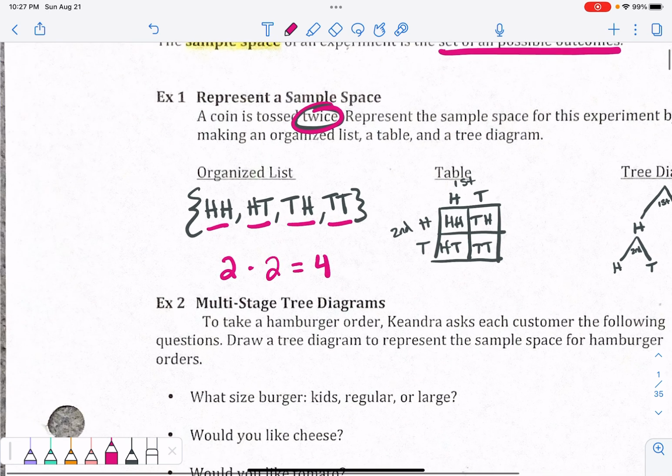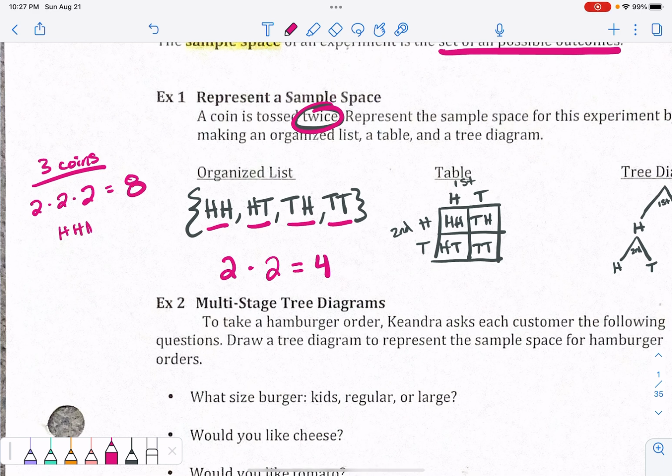Okay, if I was tossing a coin 3 times, I'm giving you lots of extra information. Tossing a coin 3 times would be 2 times 2 times 2, which is actually 8 combinations. So that would be like heads, heads, heads, tails, etc., all the way down, right? So 8 combinations for that one because 2 times 2 times 2. So that can kind of help you if you're making a list or things like that to know how many there are so you don't forget one.